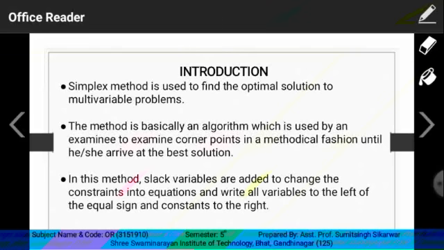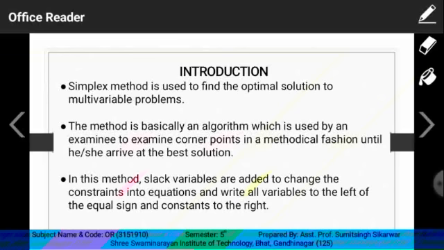In addition to this, you will also study the Charnes big M method and will understand the way to solve an LPP by using the same method. We will also see the two-phase method of solving any LPP model.